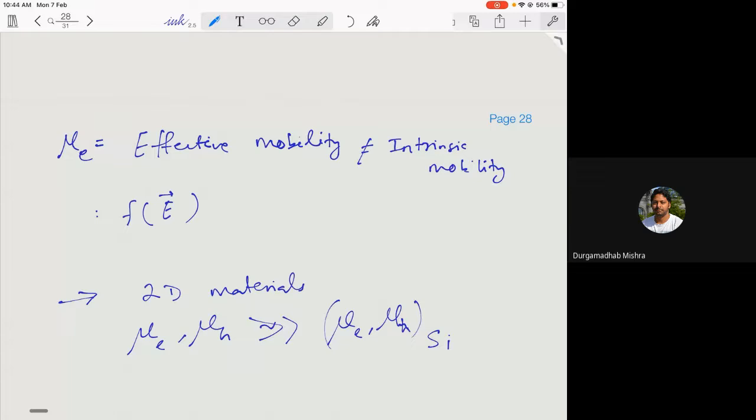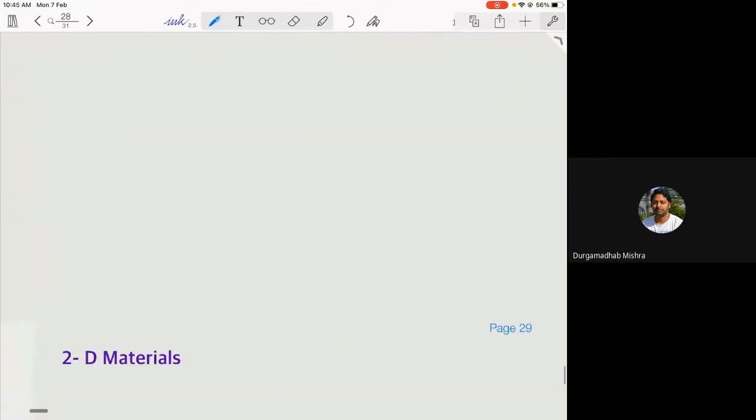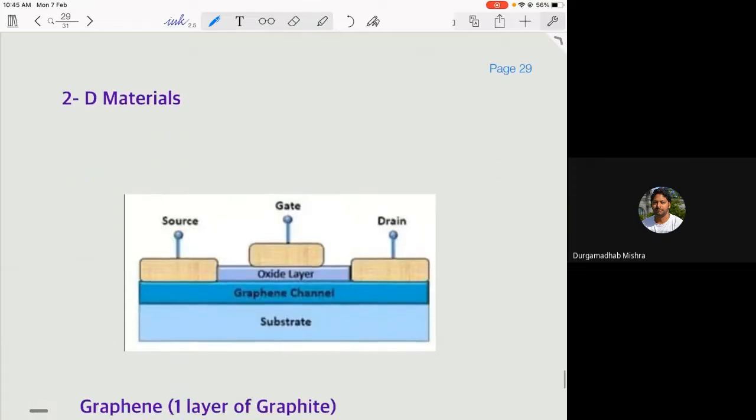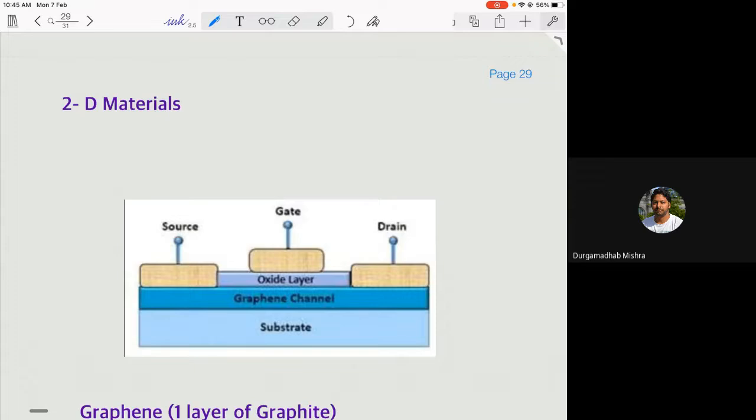Compared to silicon, these 2D materials have much higher electron mobility or hole mobility, and that's why they can be very good candidates for the channel region, where you want to make sure that electrons flow from the source to drain. So you don't change your source and drain, but you change the channel material to one with a higher electron mobility. This is where the concept of 2D materials is really helpful, or probably they can revolutionize the future of your MOSFET devices.